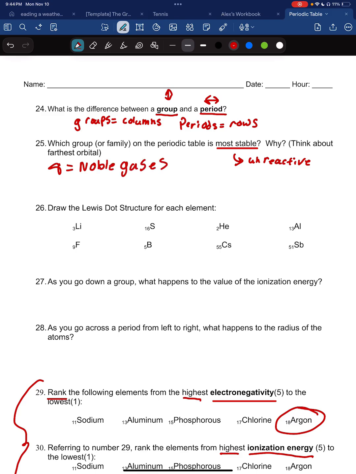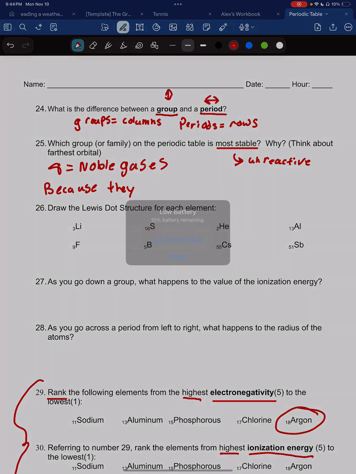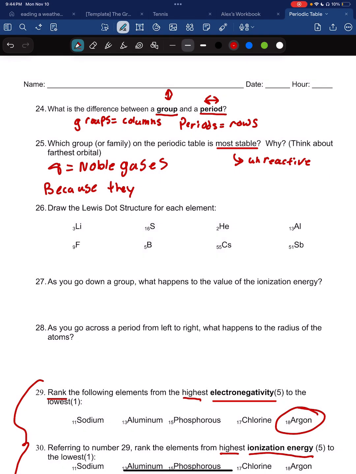Okay, why? Because they have 8 valence electrons. Okay, so again, 8 valence electrons, that's our octet rule. I think that's the third or fourth time we talked about it just in this video.